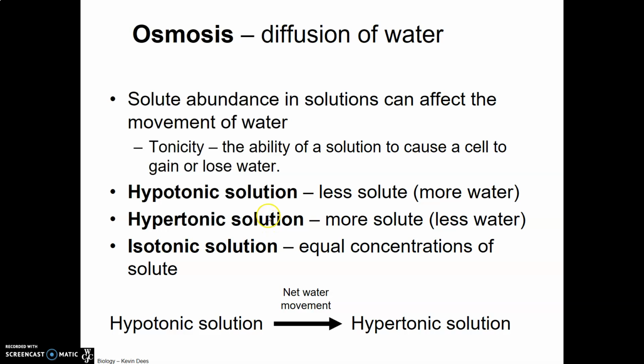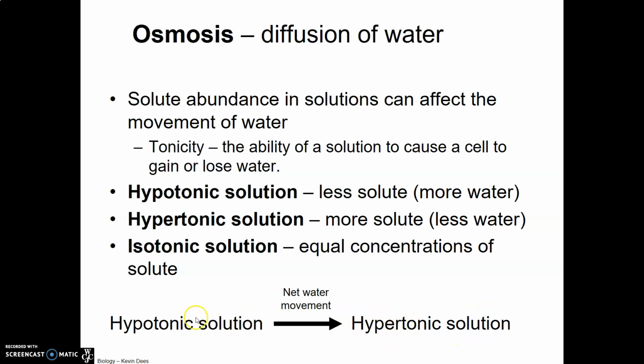Now, if a solution has less solute, then it has more water. If a solution is hypertonic, then it has less water because it has more solute. Now, when we're talking about the movement of water by osmosis, water is always going to move from a hypotonic solution to a hypertonic solution.